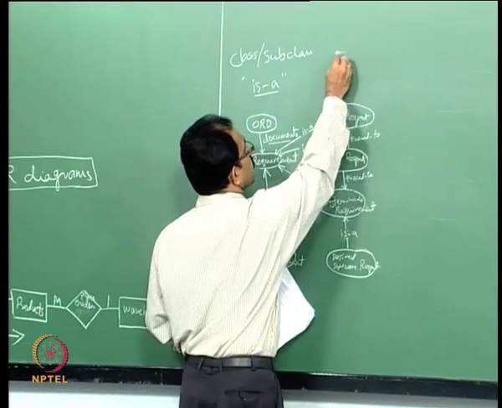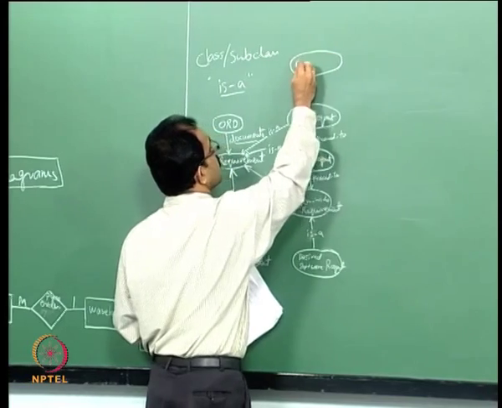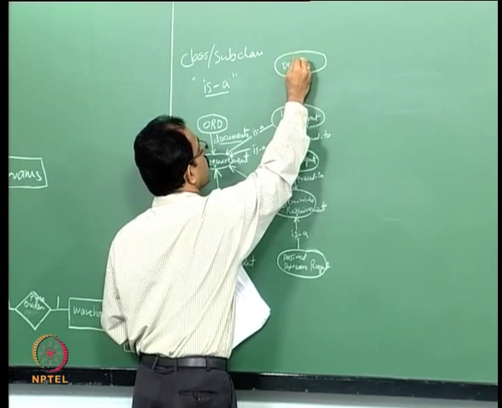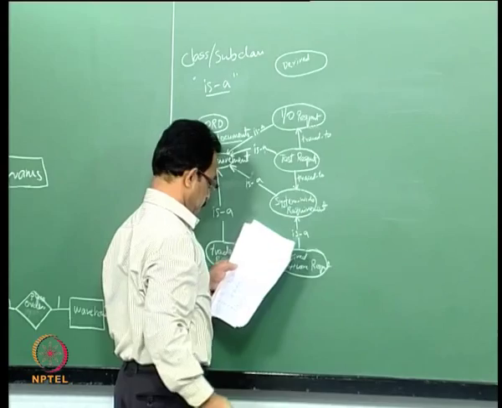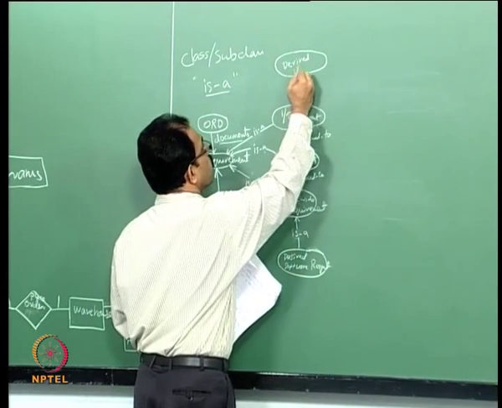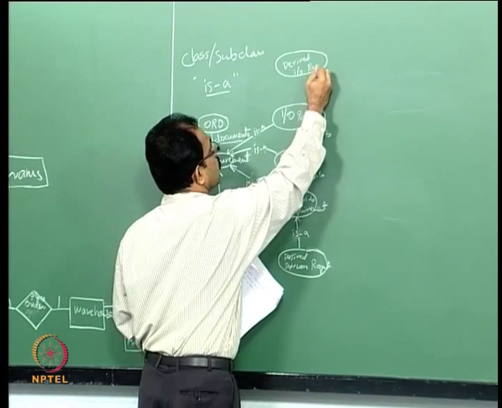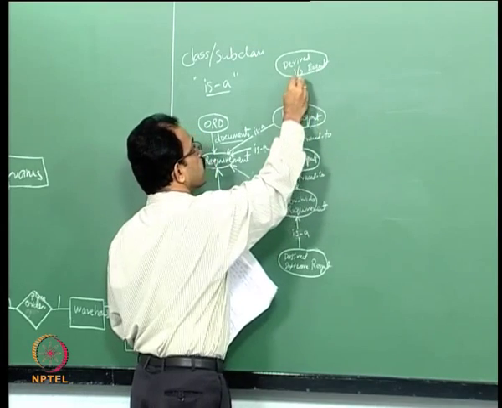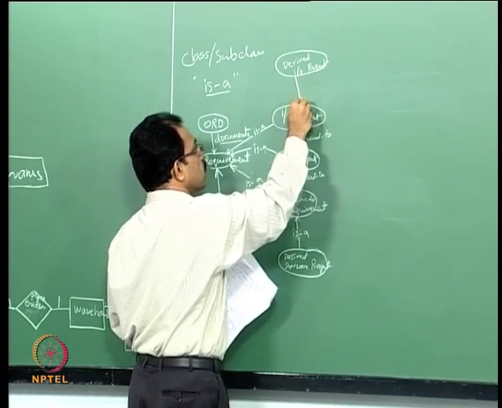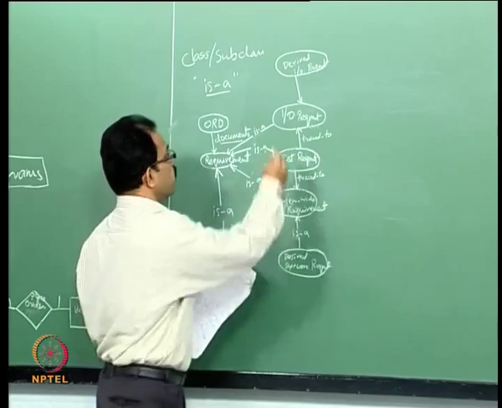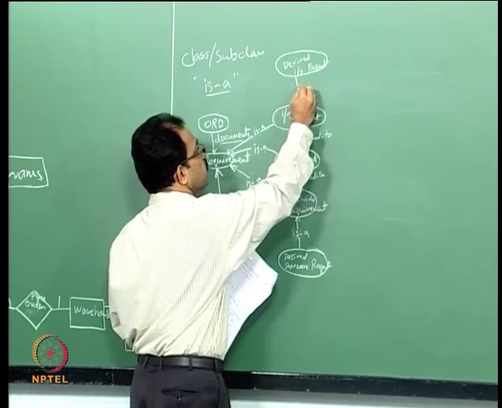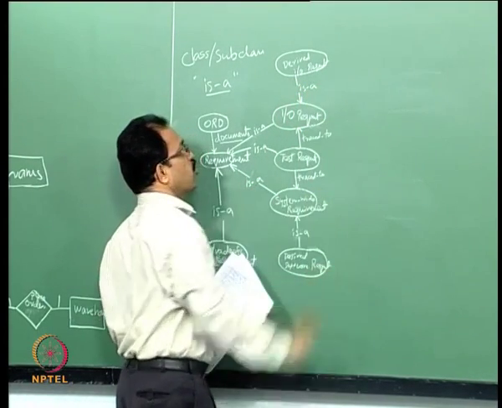And then we can have another entity here, that is the derived input output requirement. So, derived input output requirement, then we have again a relationship which is a subclass of input output requirement.